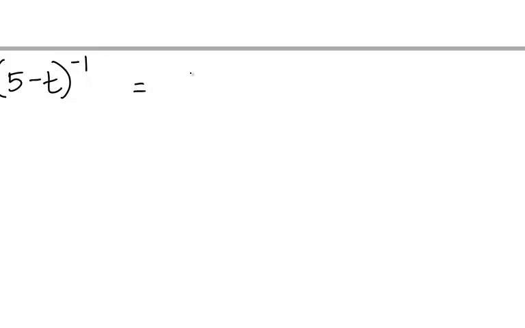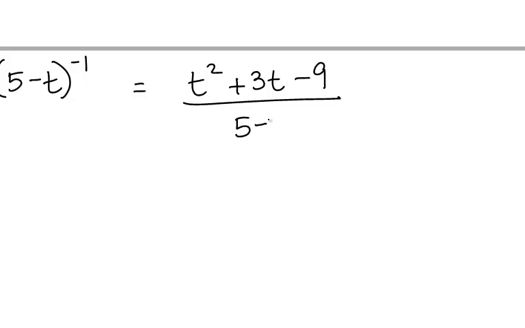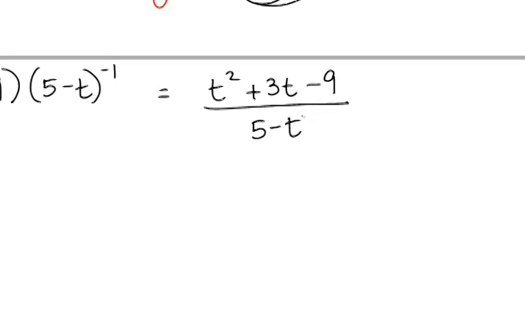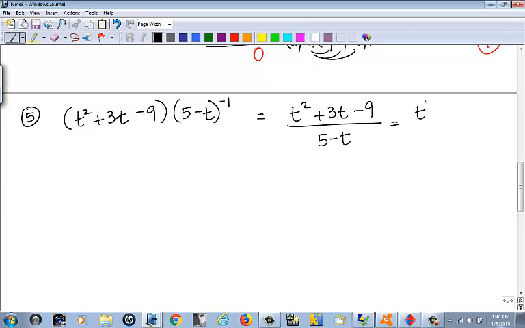So this is the same as t squared plus 3t minus 9 divided by, and I would rewrite it also. I'll do it this way first. So it's just going to move it down, and then I would rewrite it. And you can do this if you can get to this last step, and then go to long division.